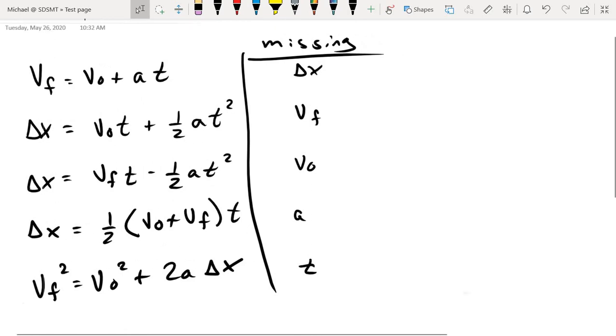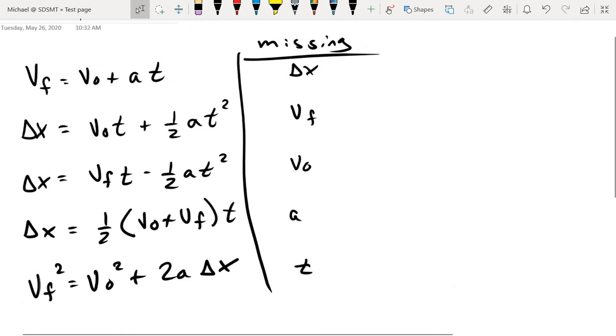Alright, so we learned in Chapter 3 that certain values need to have directions associated with them. Certain values do not. Those that do not are called scalar quantities. Those that do require directions are called vectors.